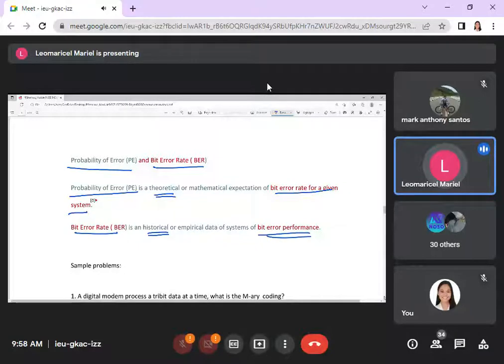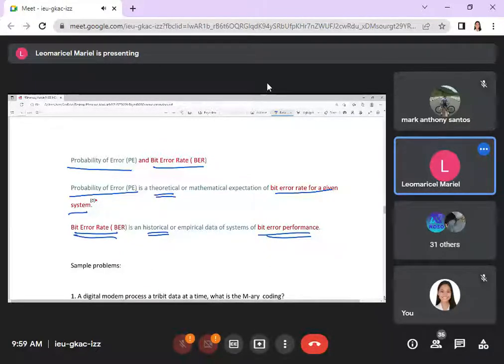Ano ibig sabihin, sir, ng historical at theoretical? Pag sinabi nating probability of error or PE, yun yung calculation na ginawa mo. Okay? Kinalculate mo na. Pero yung actual na error na naganap, that is called your bit error rate.